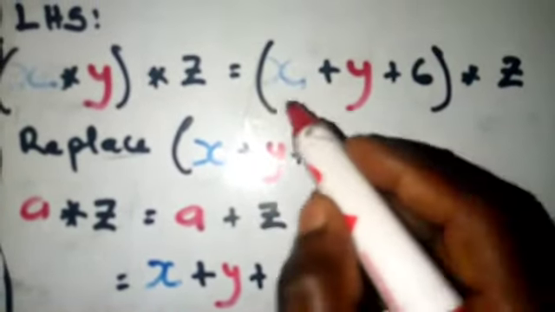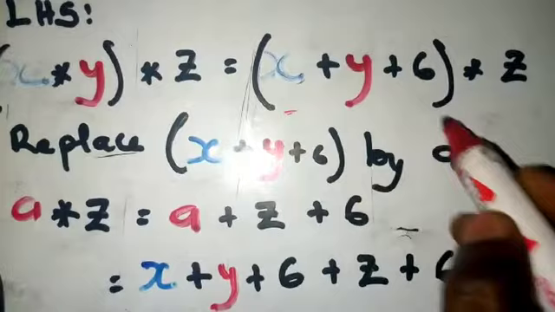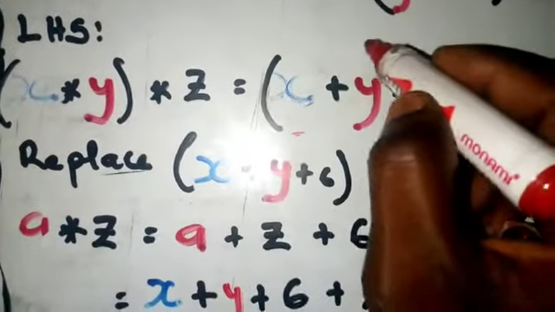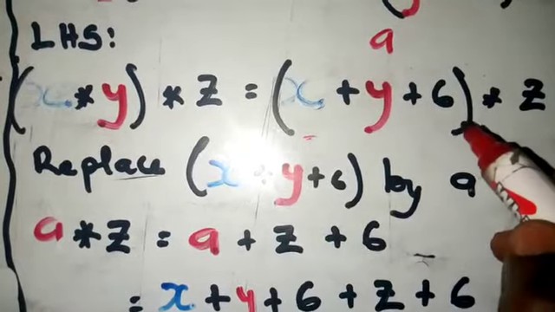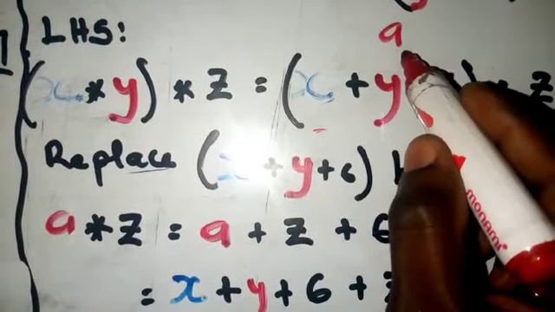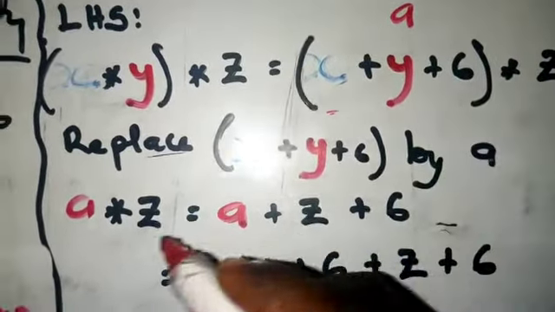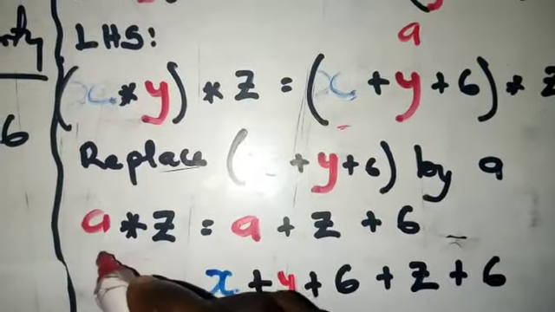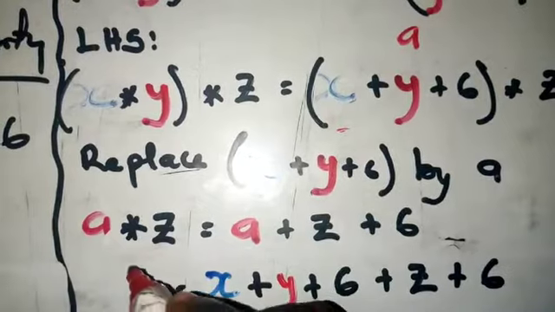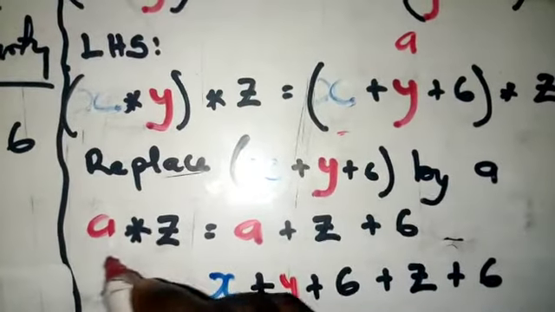I'm just replacing everything in this bracket here by a. So let's assume here is a. The reason I'm doing that is so that I can see everything clear. When I replace this by a, it means that a operation with z over here, so a star z. I can see that I'm just combining only two things.